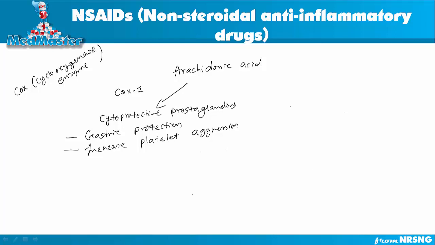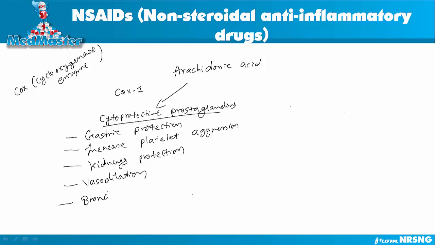So blood clot formation happens really fast and it stops the bleeding anywhere in the body, which is a kind of protective mechanism that this cytoprotective prostaglandin has. It also protects the kidneys as well. It causes vasodilation and also bronchial dilation.